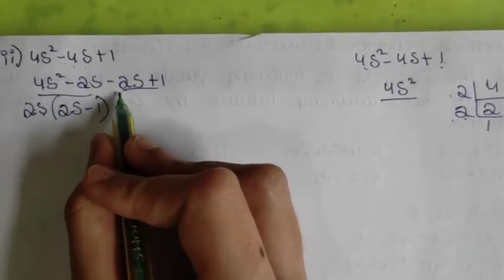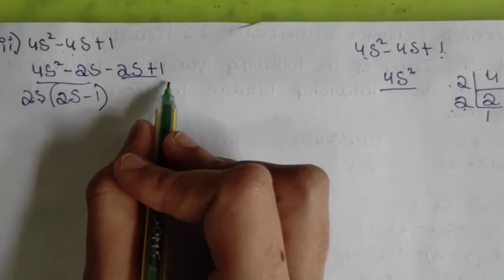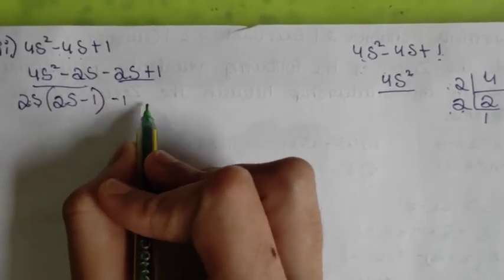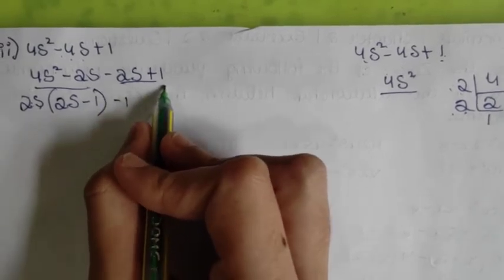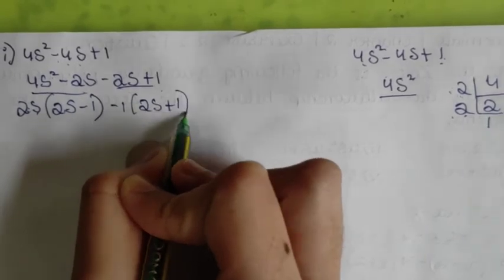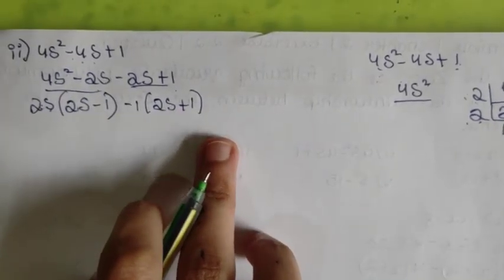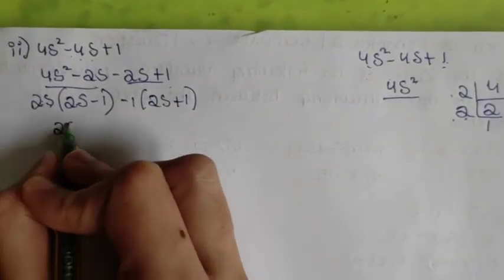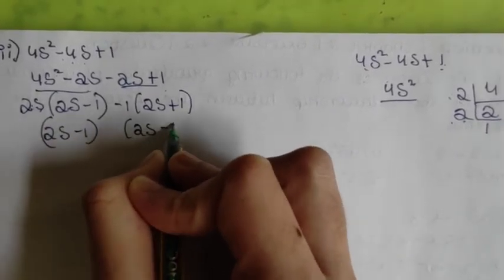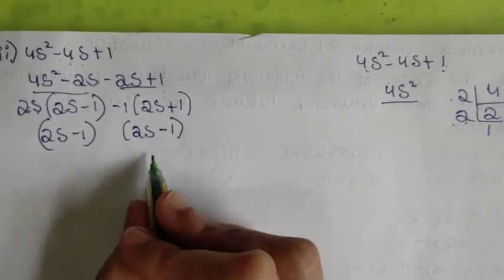And here we don't have anything common, so let's take 1 common, that is 2s plus 1. Now I took common here, s minus 1 and again s minus 1.